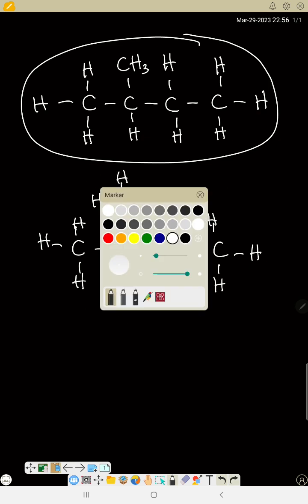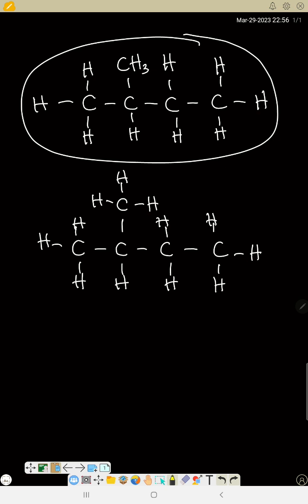Now let's start our numbering forward and backward. So let's say you decide to number your own this way, 1, 2, 3, 4. Straight down like this, the carbon is 4. Let's say another person decides to name his own this way, 1, 2, 3, 4. Another person may decide to name his own this way, 1, 2, 3.